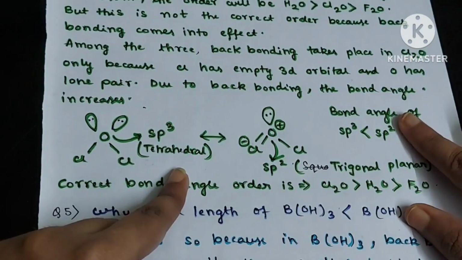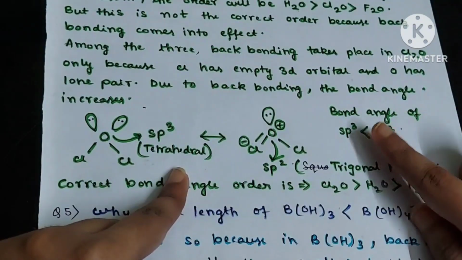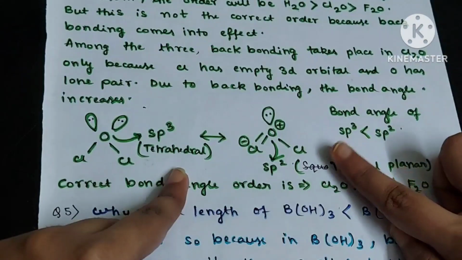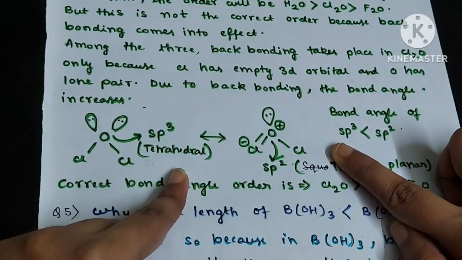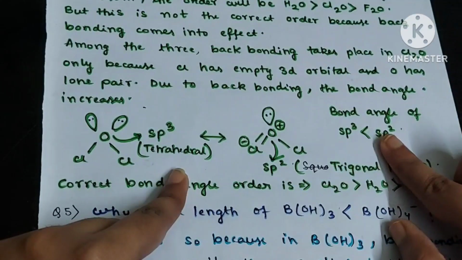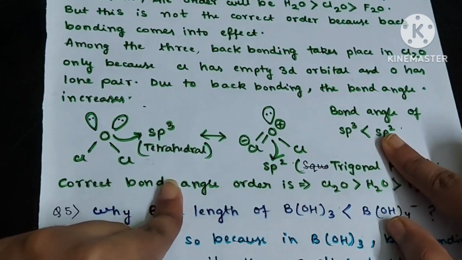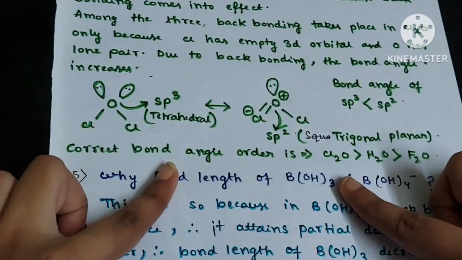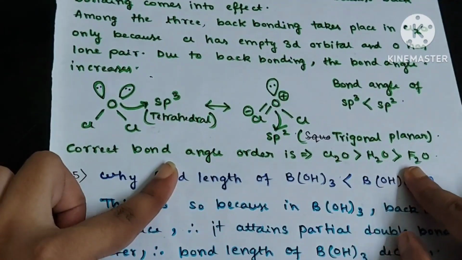We know sp3 bond angle is less than sp2: sp3 is almost 109 degrees, and sp2 is 120 degrees. So the correct bond angle order is Cl2O, H2O and F2O.